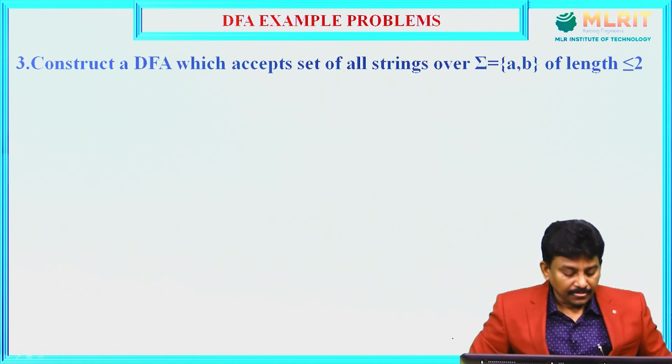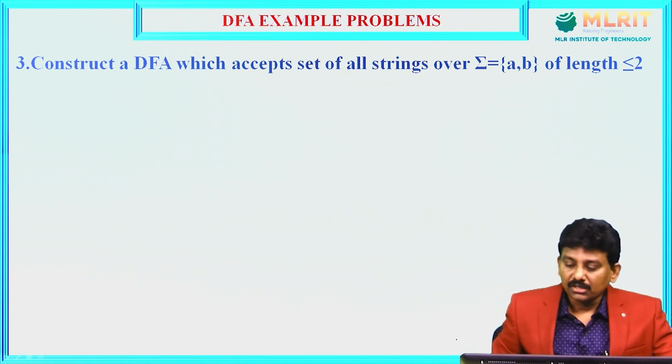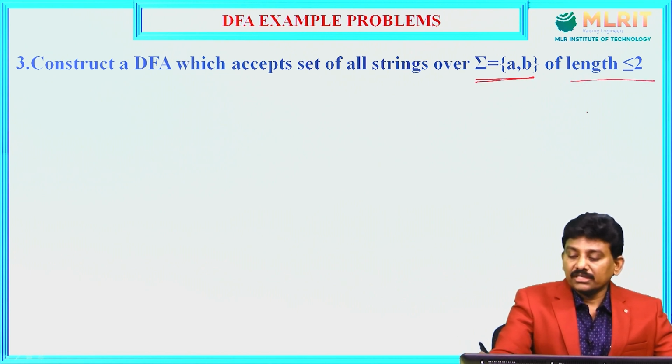Third example: construct a DFA which accepts the set of all strings over sigma {A, B} of length less than or equal to 2. So, the input alphabet is A, B, and the length of the string should be less than or equal to 2.